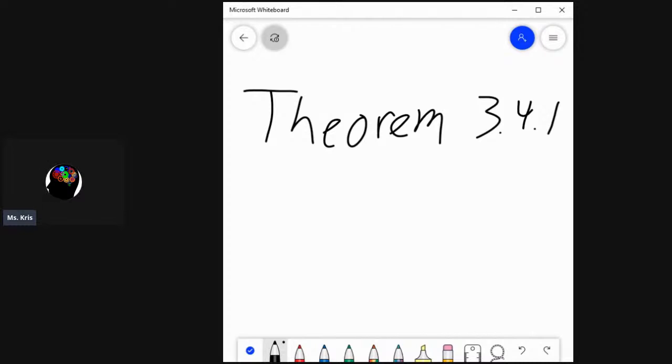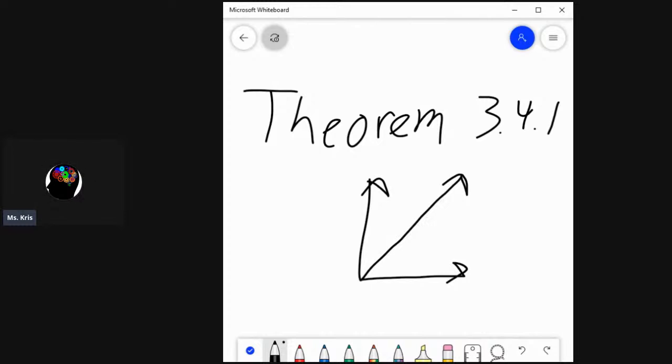Theorem 3.4.1 simply says there is one and only one bisector in a given angle. So if you have an angle and it's bisected by a ray, it can only be bisected by one ray. You won't see multiple rays bisecting an angle.